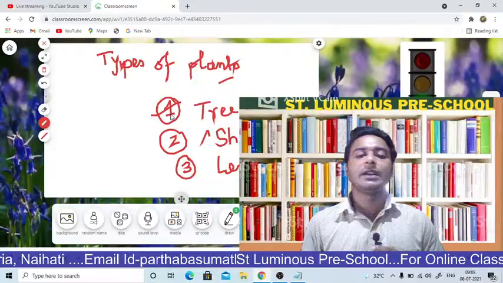This is known as the corolla, the color part of the flower. So the flower is the modified part of the stem. It develops at the tip of the plant body.